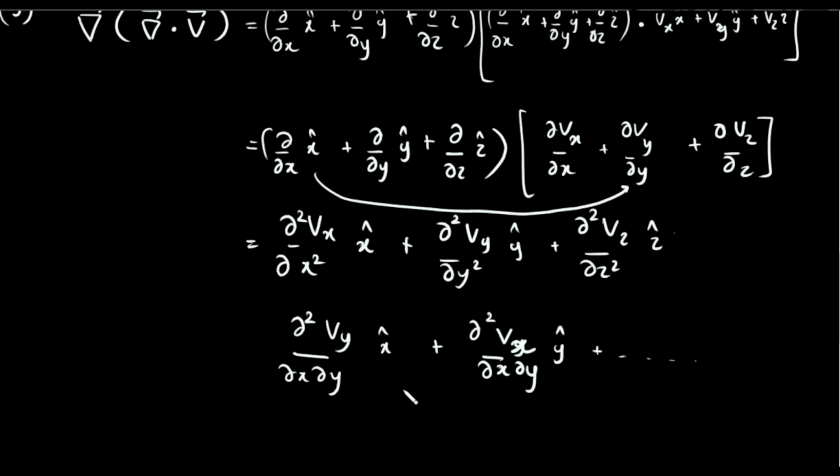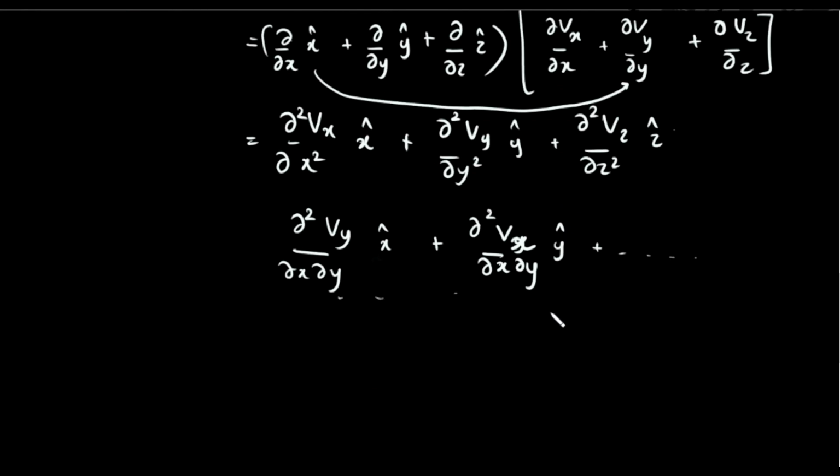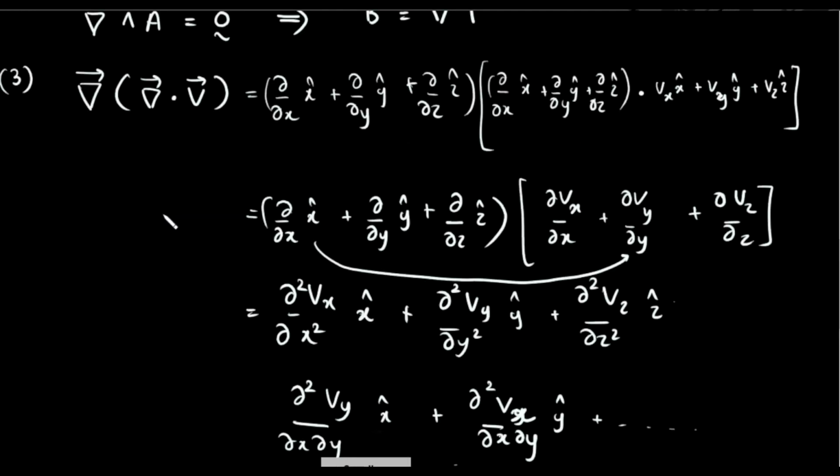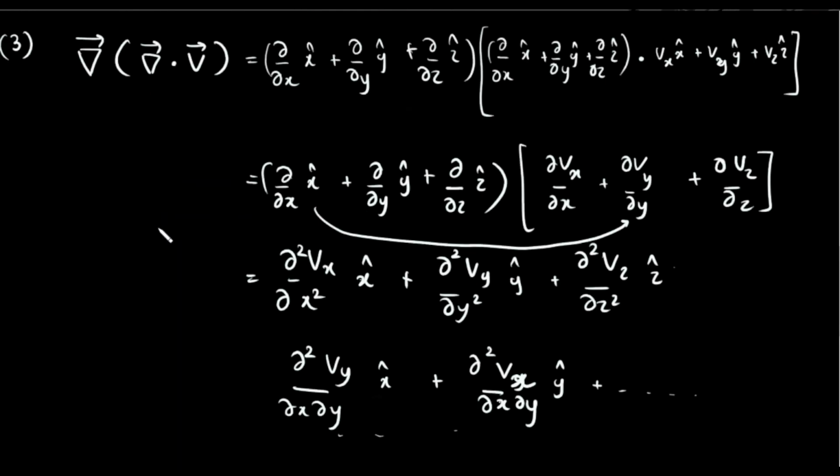Likewise, you can write these terms. Actually, you will have to expand this simplification. When you expand, you will have x hat terms and y hat terms and z hat terms. What I'm trying to say is that you will get a vector here. So when you find the gradient of a divergence, you will always get a vector.